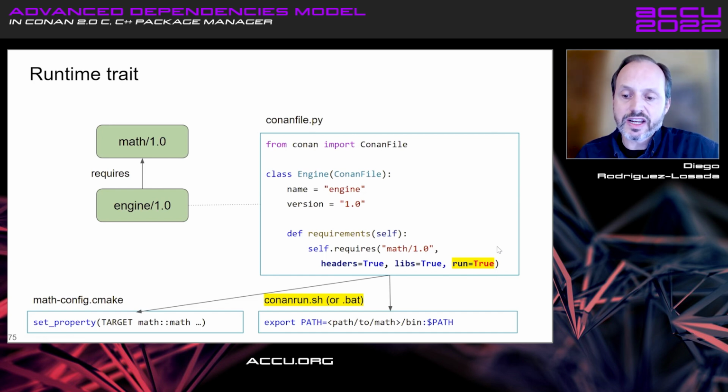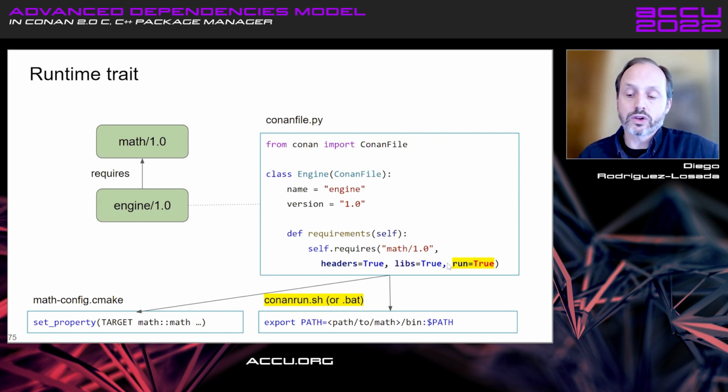But if you start defining the run equal true trait, then Conan 2 will start generating files for you, like conanrun.sh or .bat, depending on your system, which contains variables that you can activate, and it will put things in the path. So for example, if math is a shared library and Conan knows that because someone defined run equal true, it will generate for you a script that you can activate, and it will contain the path to all the shared libraries.